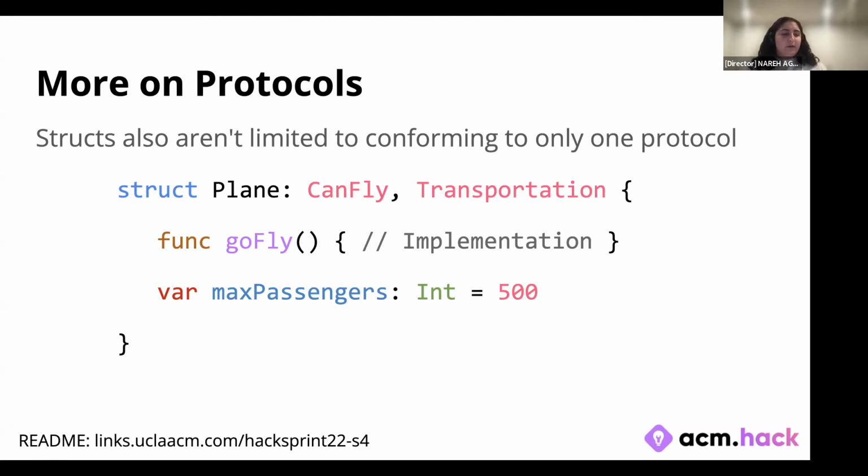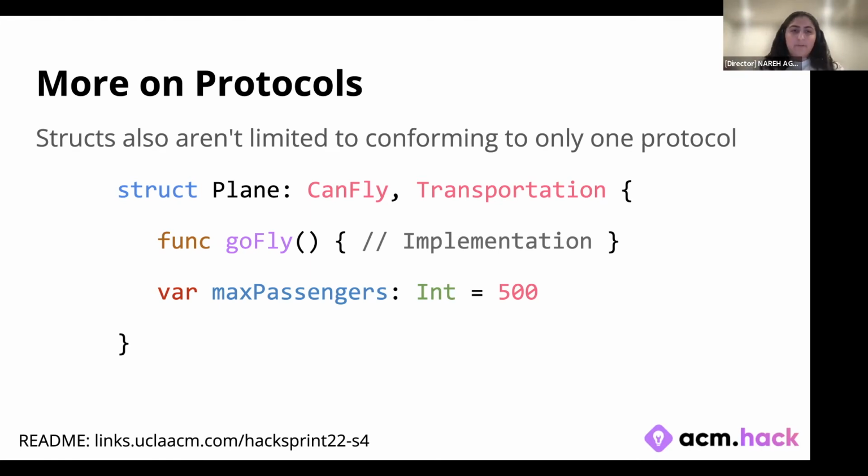Another cool thing is that the plane and the eagle really aren't the same thing. They don't fly in the same way. They don't have the same things. The eagle had the wingspan, but the plane has passengers and it's mechanical. But we can still apply the protocol even though they're not the same type. And this really comes back to the fact that the protocol doesn't define who you are, but just gives you some functionality so you can say, hey, I do this, so you can trust that I do this.